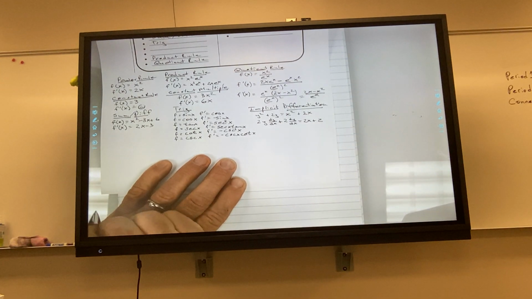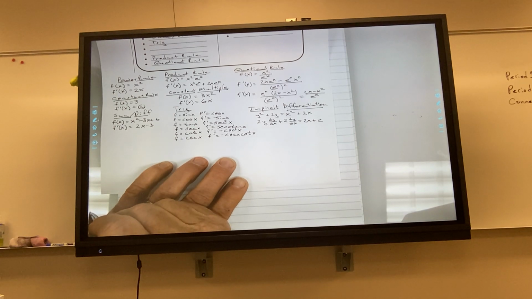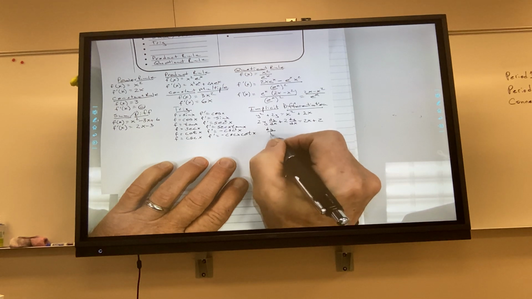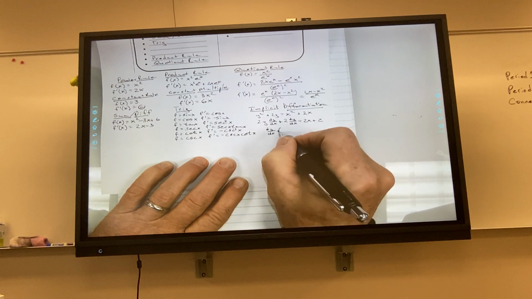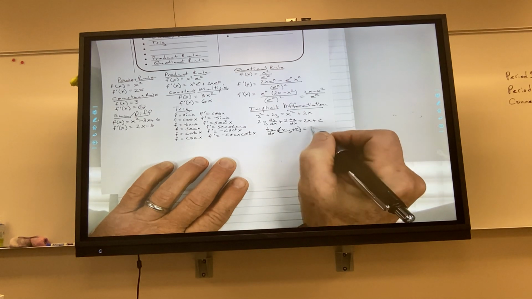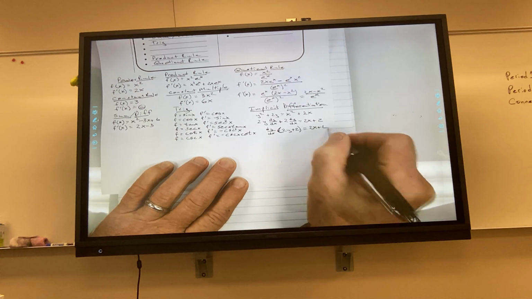What's my next step? Factor out dy/dx. Oops, need a parenthesis here: 2y plus 2, would you agree? Yep. 2x plus 2, correct?